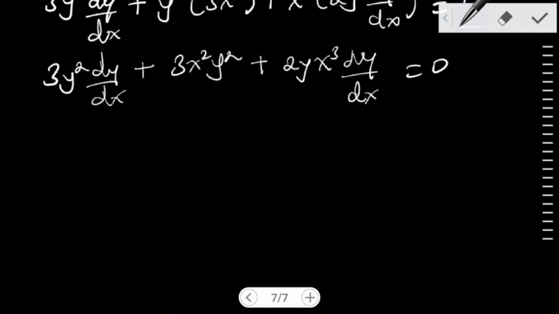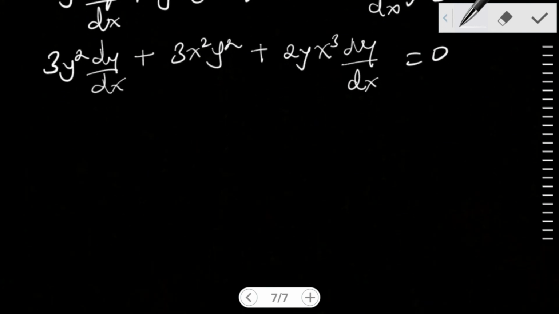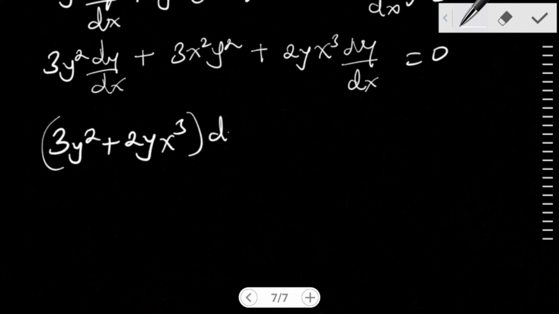And therefore, what I'm going to do here, this is going to be 3y squared plus 2y x cubed, close this, having dy dx, this would be equals to negative 3x squared y squared.